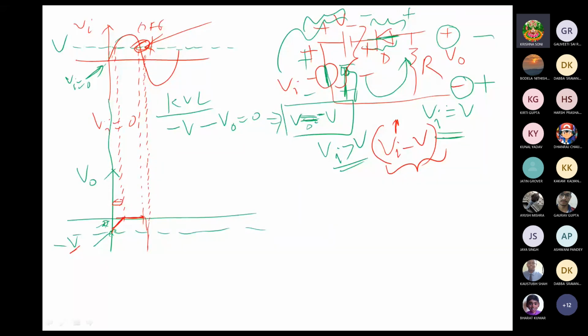Actually, both sides should be symmetric here. Okay, something like this. This is not a line actually. Okay, this is a part of the sinusoid. And as the input voltage now after this reverses its polarity, we have this polarity here.